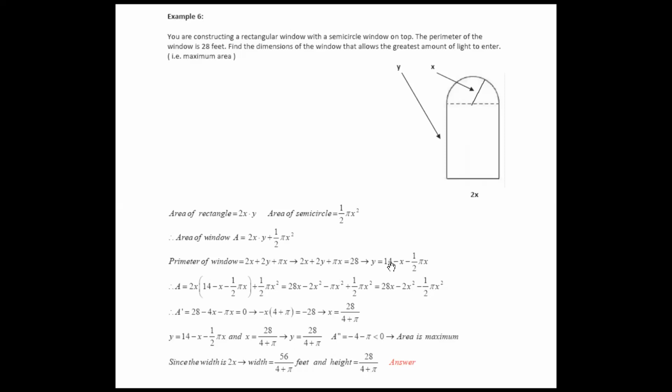Half of 28 is 14. That stays where it is. Half of 2x is x, and when we bring it over, it becomes minus x. This will be y, and it's going to stay here. Then this is going to be 1/2 pi x, and when we bring it over, it's negative.